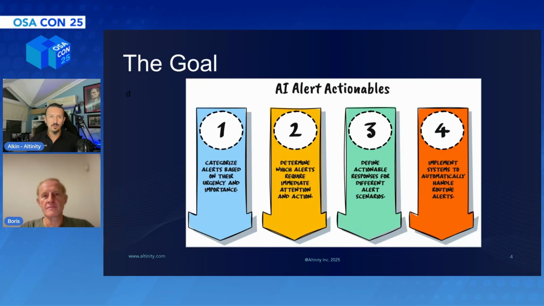So I will start with the end, the goal, in the beginning. So this is the reverse order. For the alerts, that is the subject over here. We have the categorization of alerts based on the urgency and the importance, to determine which alerts are going to require immediate action. So these parts are already done by the known tools.